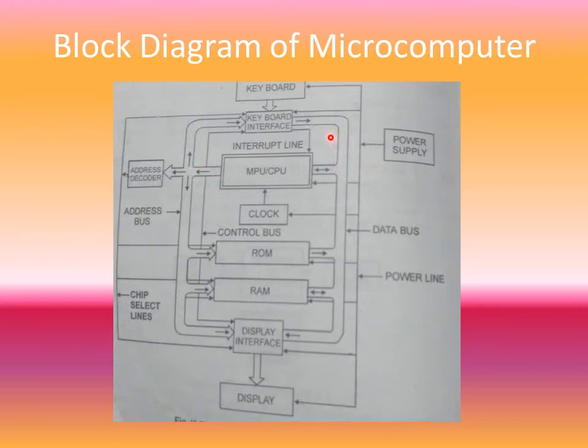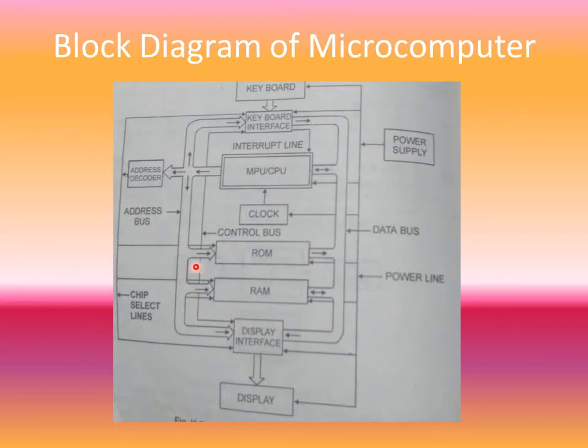Now here, this part is your data bus. Data bus is bidirectional. Bidirectional means any device can send data on this bus or receive data from this bus. And third bus here, this is a control bus.